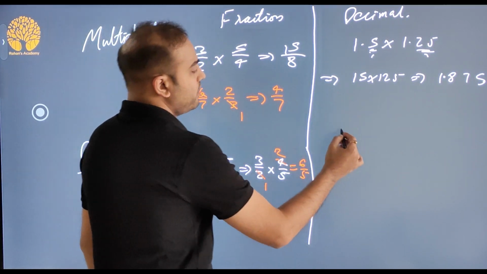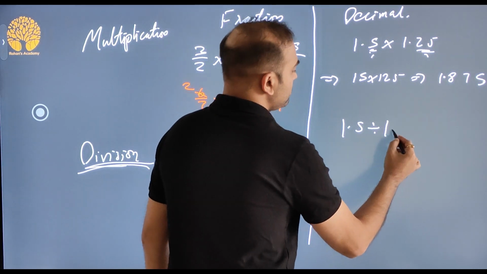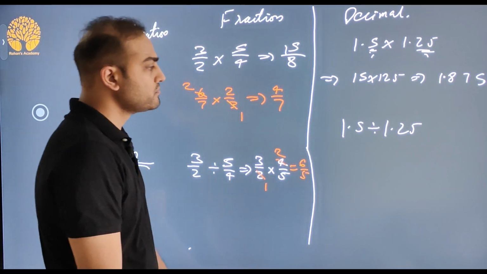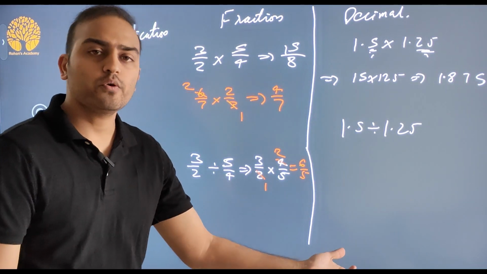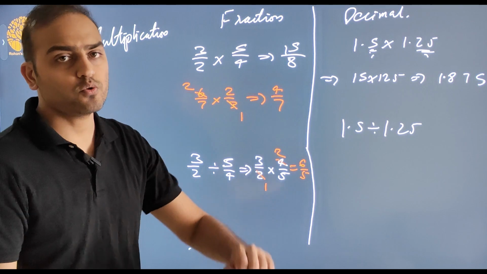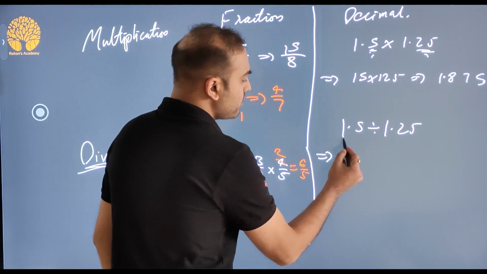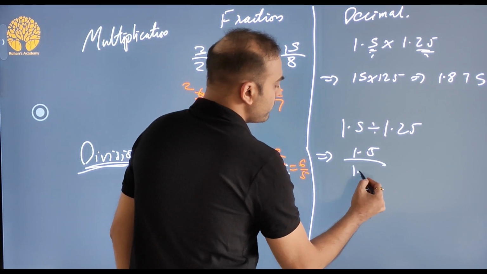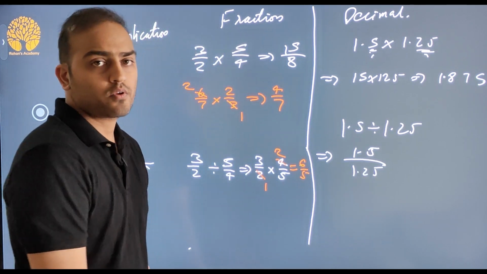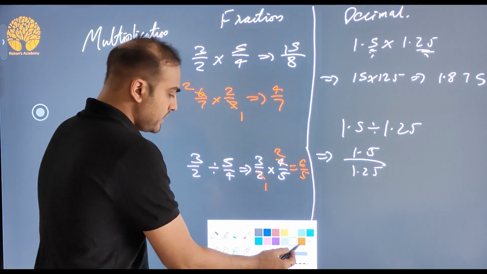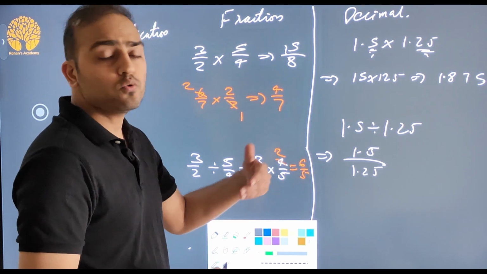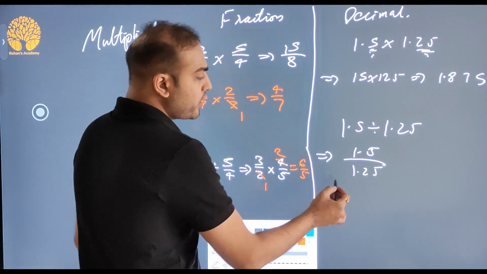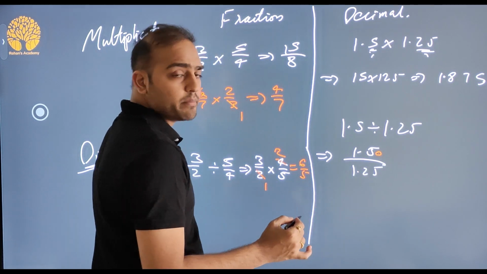Similarly, if you have division of decimals, you can either solve normally or convert this also into a fraction and then convert it into a decimal. How does that work? So that's 1.5 over 1.25. Now see, there is one decimal here, 2 here. Eventually I need to remove two decimals. So first I make them same.